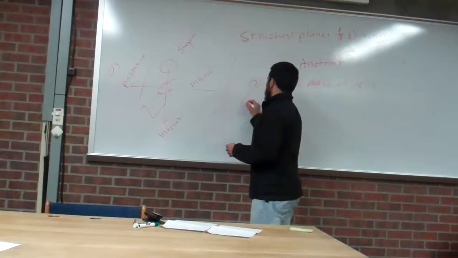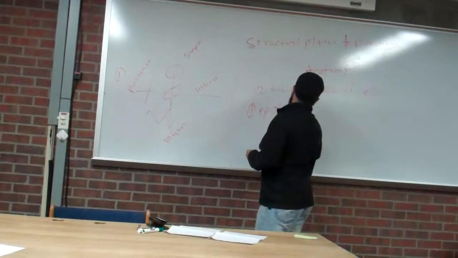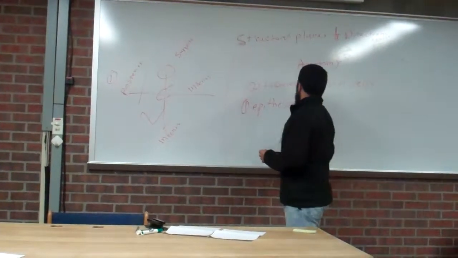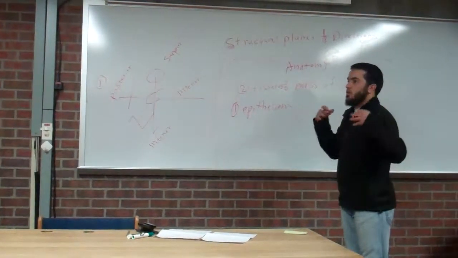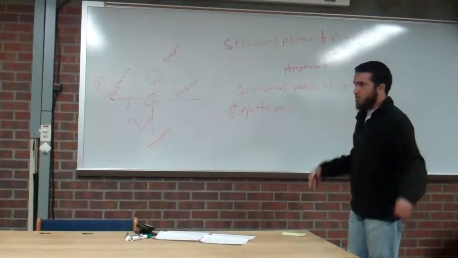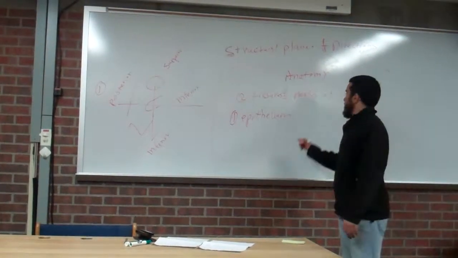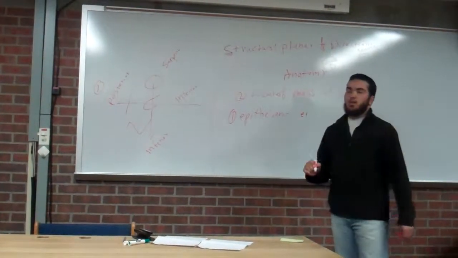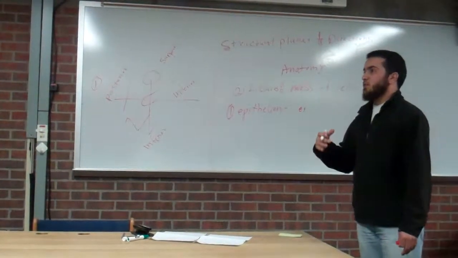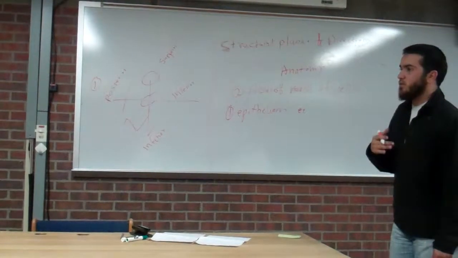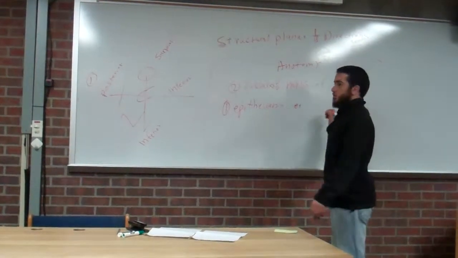The first one is called epithelial tissue. Epithelial tissue is the tissue that covers the outer surface of your body. For example, you will see this tissue lining and covering the digestive tract.